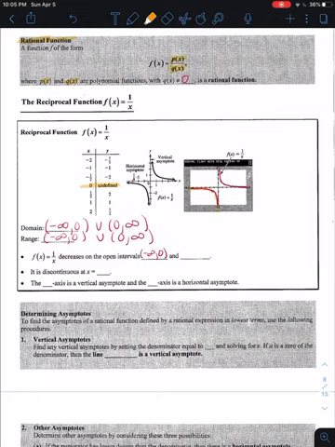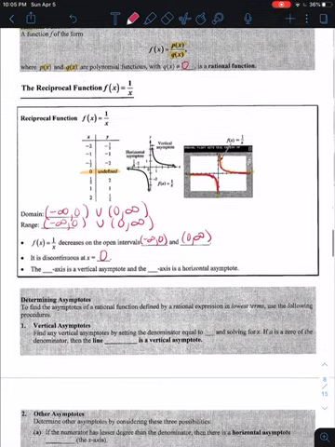And then if I start back up here, it's also decreasing from 0 to positive infinity. So it's decreasing on both intervals, from negative infinity to 0 and 0 to infinity. It is discontinuous, so it's not continuous at x equals 0.